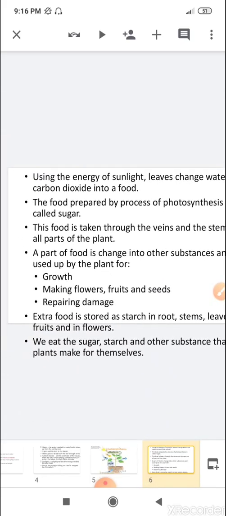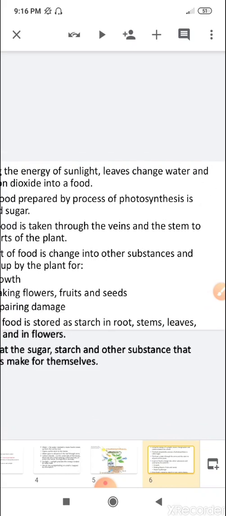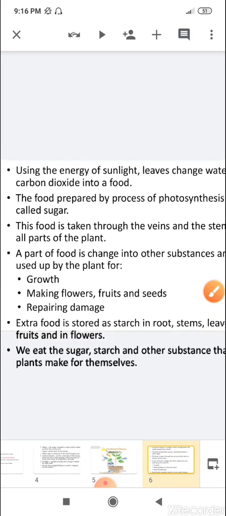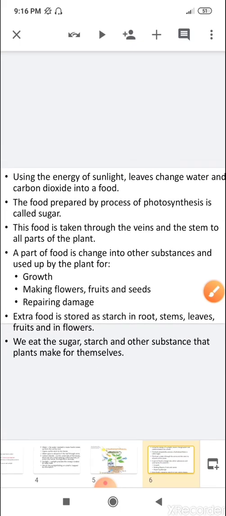So the food prepared by the process of photosynthesis is called sugar. This food is taken through the veins and the stem to all parts of the plant.